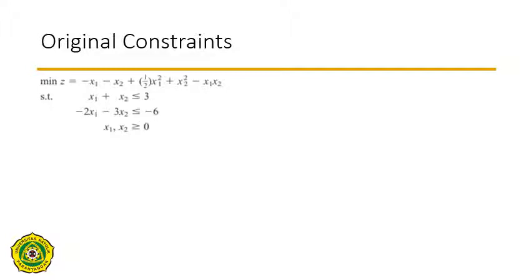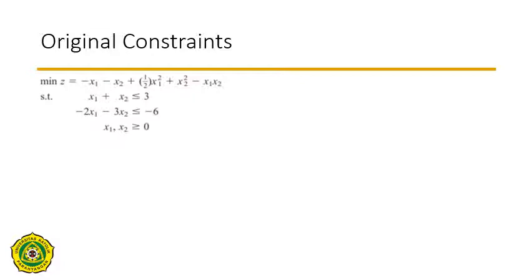Before talking about the second and fourth constraint, let's talk about the original constraints first, that the problem obviously has to satisfy. Okay, so this is the original problem, and then remember, as I've said before, we are going to use simplex algorithm to solve this.